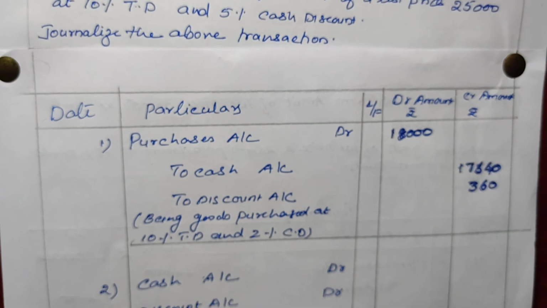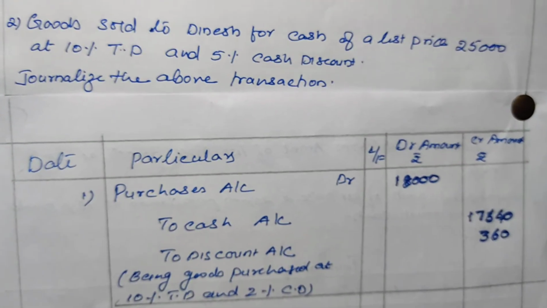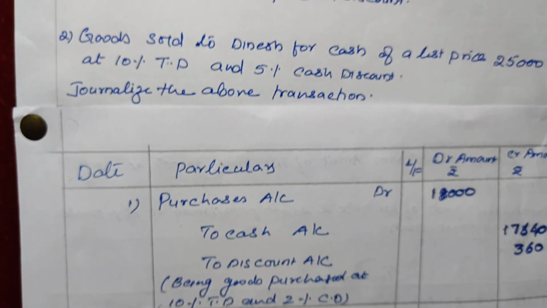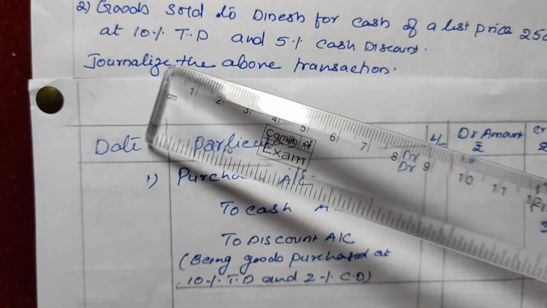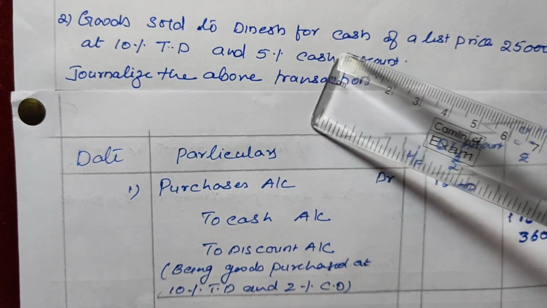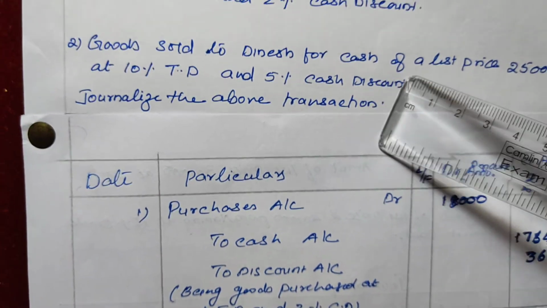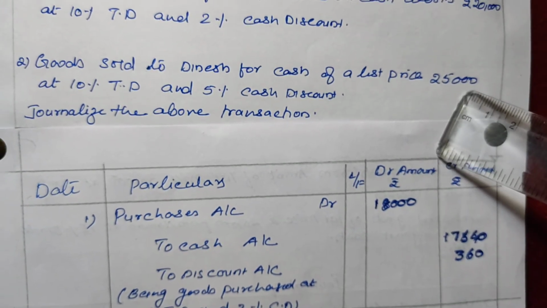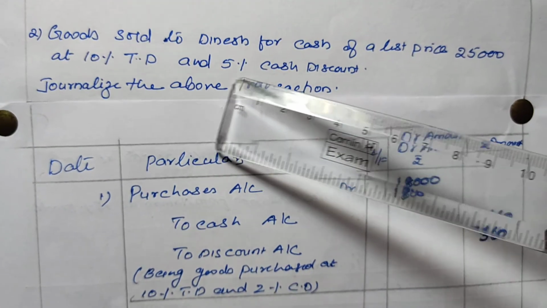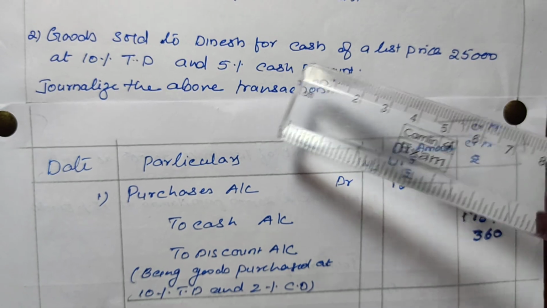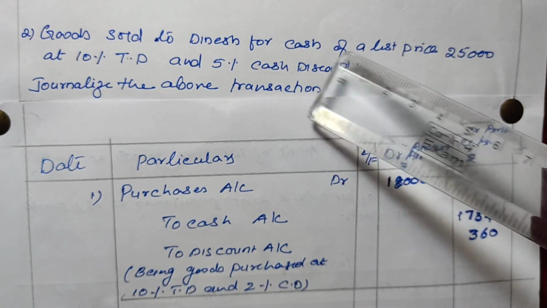Next, let's see the question of sales. Here I will explain and you have to solve it. It is given: goods sold to Dinesh for cash, this is a cash transaction, of a list price 25,000, 10% TD and 5% CD. So how do we prepare the working note?